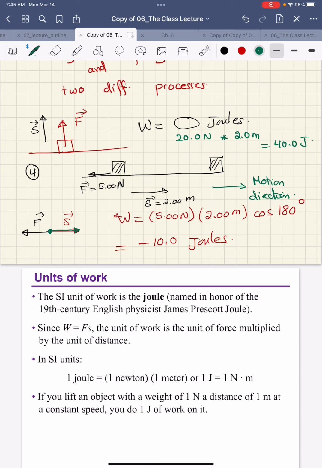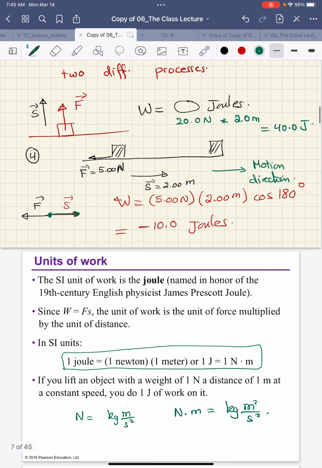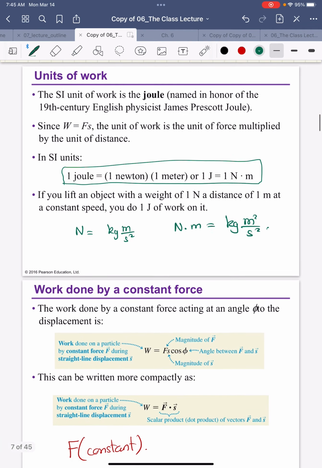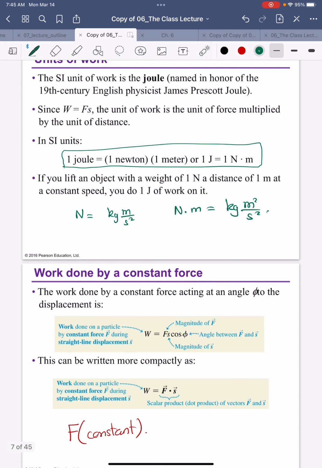The joule equals 1 newton times meter, or, since the newton is kilograms meters per second squared, newton times meters is kilograms meters squared divided by second squared. In this calculation, we are assuming that the force stays constant and does not change its magnitude.